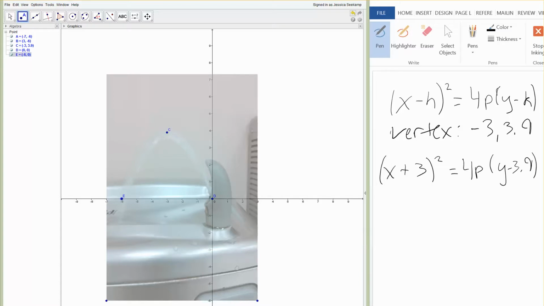Okay, so let's try that. I'll put in 0, 0, since 0, 0 is the easiest one. That's going to give us 3 squared equals 4p times, just putting a 0 in for x, because I know that this parabola goes through 0, 0.